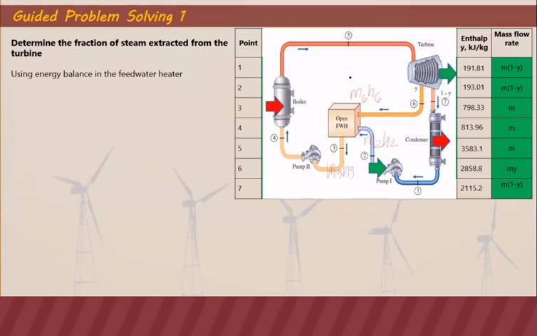So we isolate this open feed water heater and create an energy balance of these values, M6H6, M2H2, and M3H3. Energy in is equal to energy out. So we have M6H6 plus M2H2 is equal to M3H3. Our entrances are 6 and 2, and the exit is point 3 for the open feed water heater.